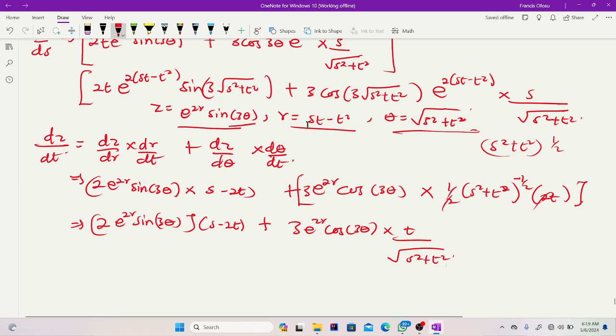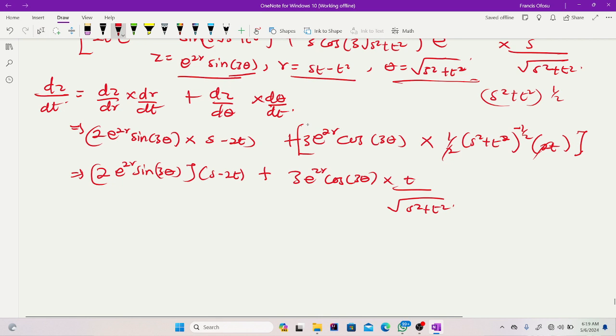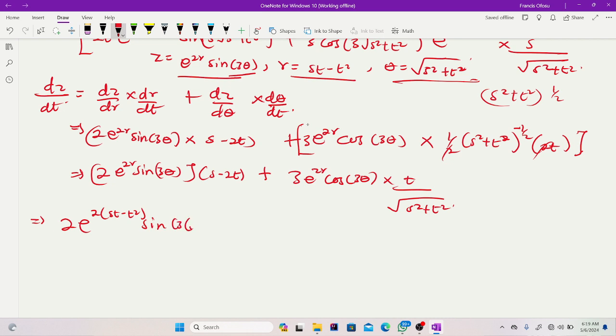So once we are done with our derivatives, we just have to make substitutions, right? So we get 2 e to the power 2, my r is st minus t squared, sine 3, your theta is square root of s squared plus t squared, right? Then I'll have that multiplied by s minus 2t plus 3.